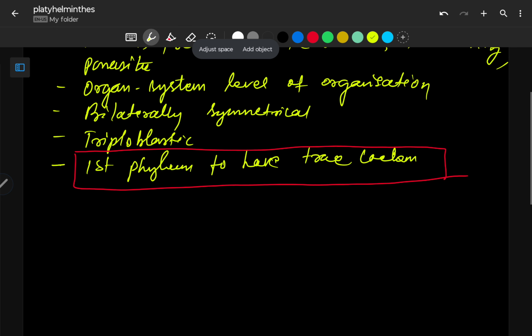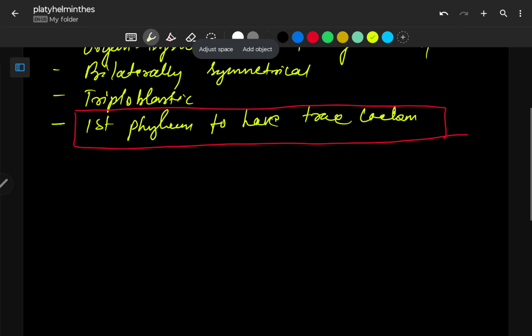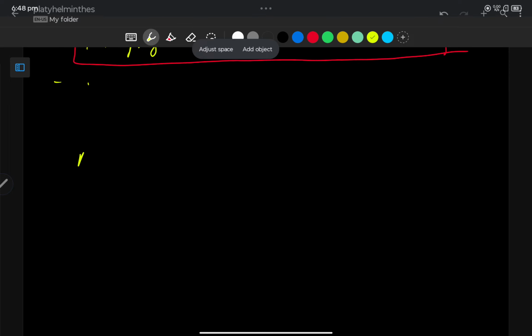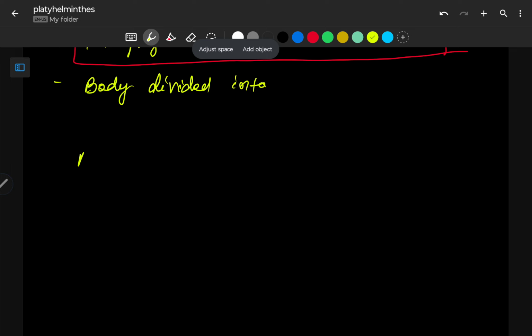Okay, coelom means true body cavity. Now they have a special feature that I said, that is segmentation. So the body is divided into many ring-like segments.